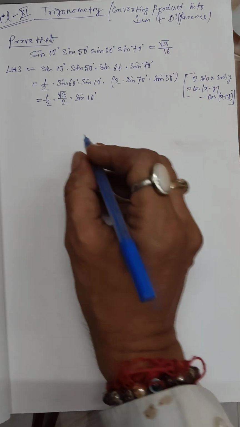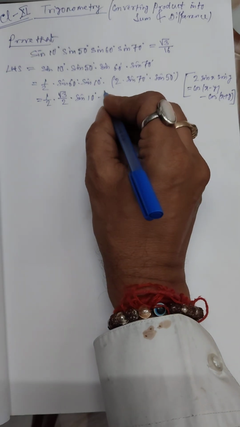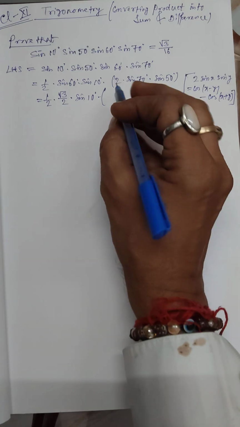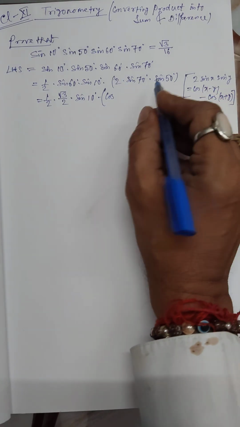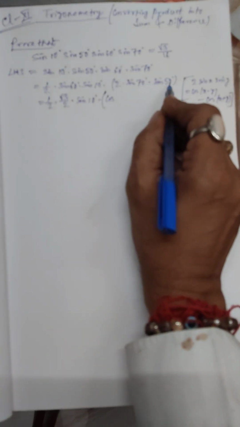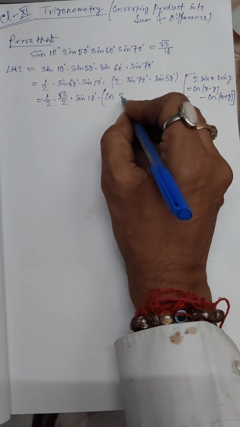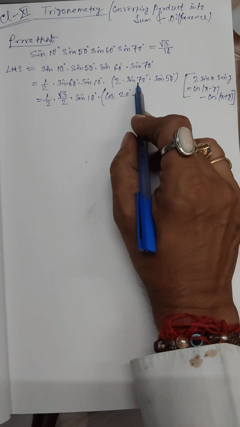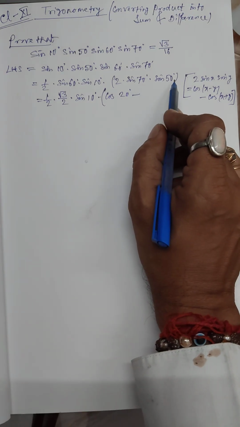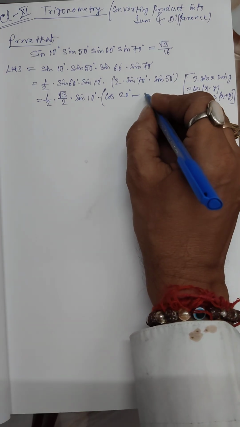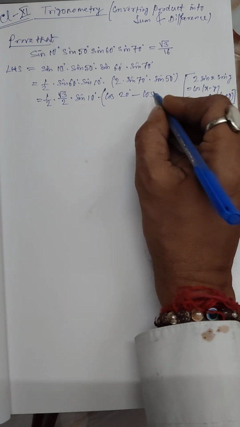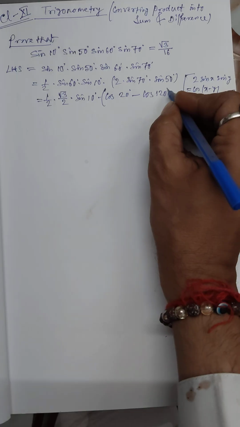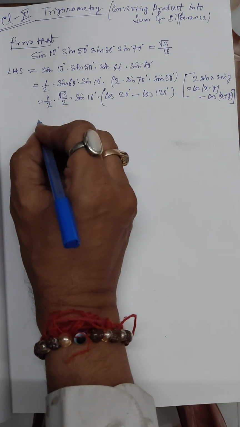Now, applying this formula, we will get cos a minus b, that means 70 minus 50, that is cos 20 degree, minus cos x plus y, that means 70 plus 50, that is cos 120 degree.